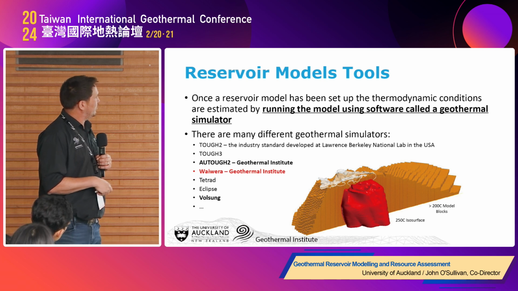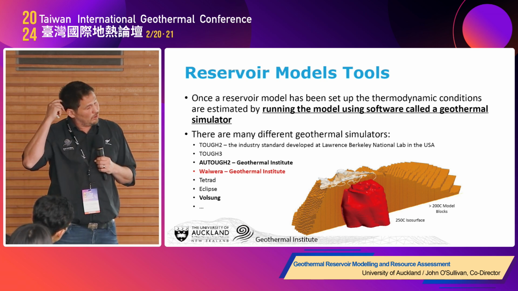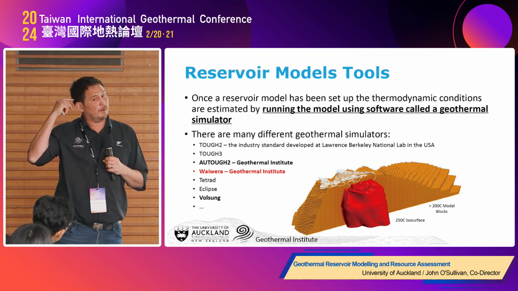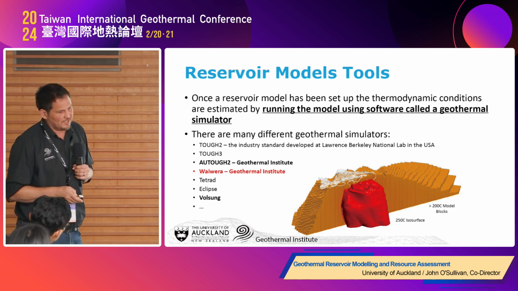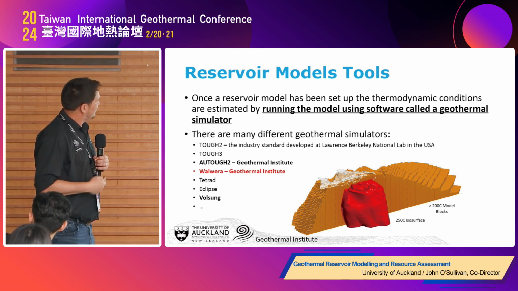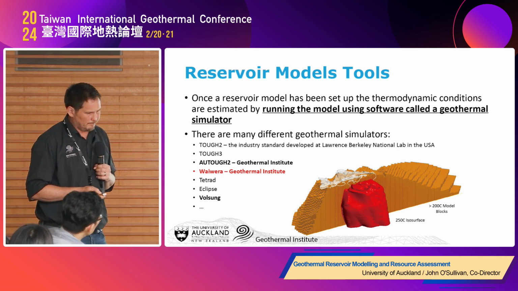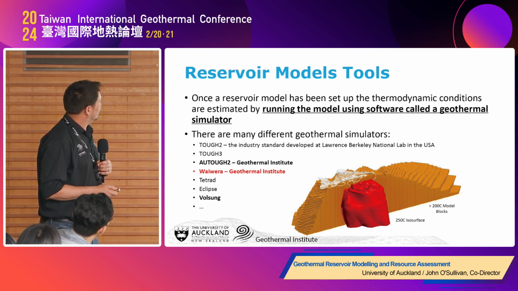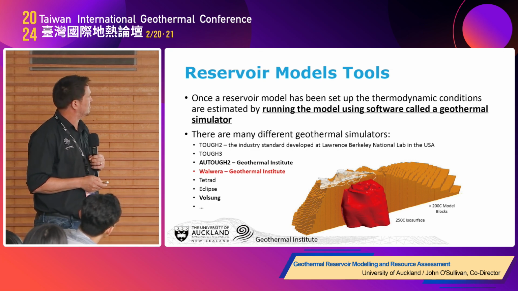Then we have Waiwera, which is our open source geothermal simulator, a modern parallel code that we developed in partnership with GNS Science. And then there's Tetrad and Eclipse, and Volsong is another New Zealand reservoir simulator. AUTOUGH2 and Waiwera are ones that have been developed at the Geothermal Institute.